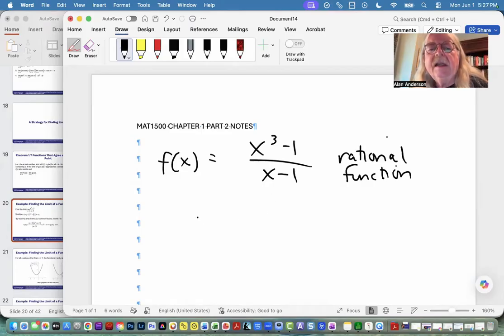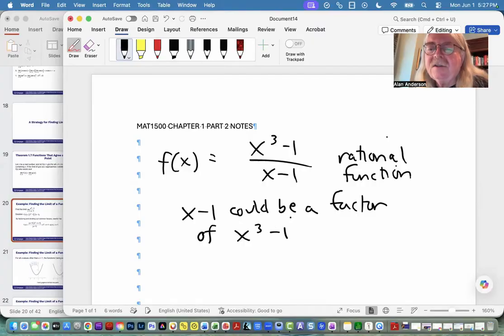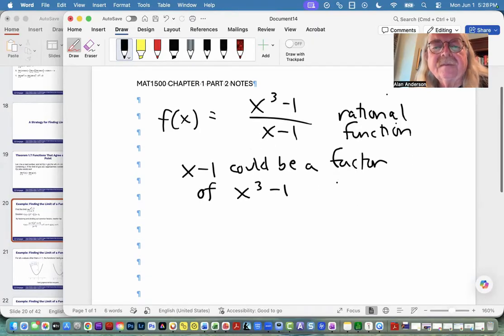In other words, it's possible that x minus 1 could be a factor of x cubed minus 1. And if that's the case, we can simplify the entire expression into something more manageable.